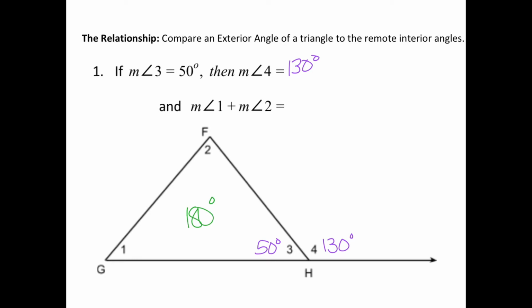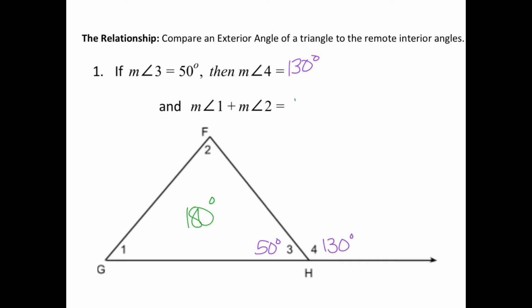So as a general statement, if we look here, it says the sum of the measure of angle 1 plus the measure of angle 2. Well, if this is 50 and the whole thing is 180, then the measures of angle 1 and 2 have to be filled up with that 130 degrees that's left over, also inside the triangle.